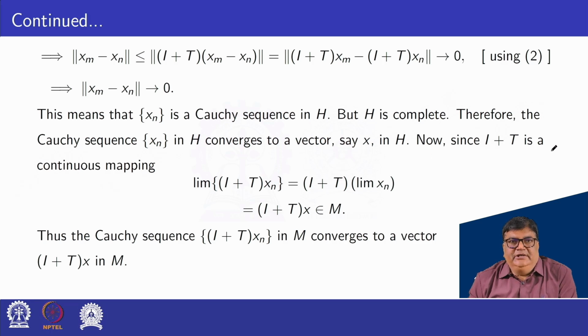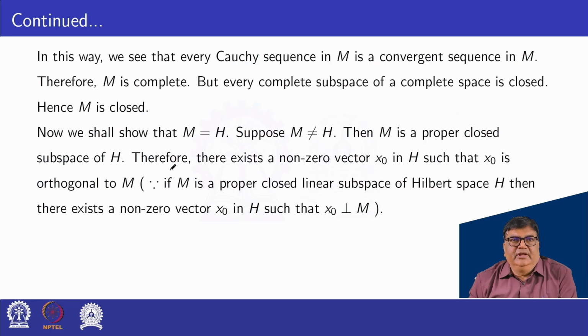Now since I plus T is a continuous mapping, limit of (I plus T)xn equals (I plus T) of limit xn, as per the definition of limit, which equals (I plus T)x, because xn converges to x, and this belongs to M. Thus the Cauchy sequence (I plus T)xn in M converges to a vector (I plus T)x in M. In this way, we see that every Cauchy sequence in M is a convergent sequence in M, therefore M is complete.